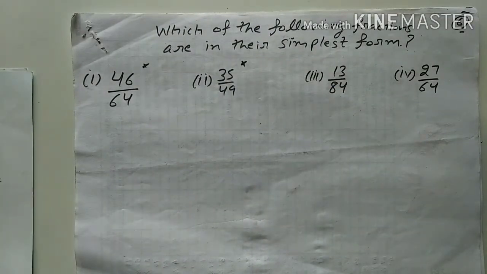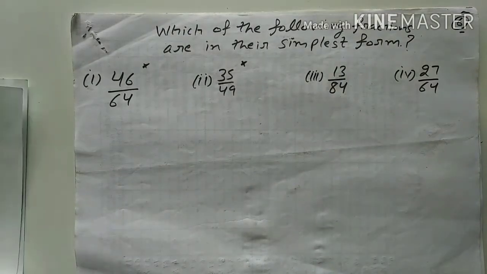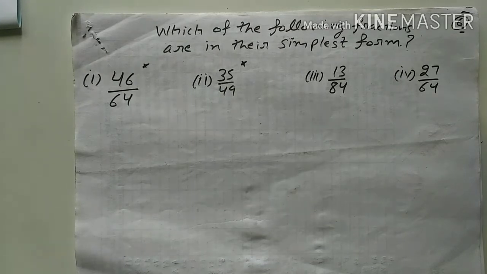Now in the next part, 13 and 84. Now 13 is a prime number and 84 is an even number. You will have to check if 84 is in the table of 13 or not. So count the table. 13 ones are 13, 13 twos are 26, 13 threes are 39, 13 fours are 52, 13 sixes are 78, 13 sevens are 91.